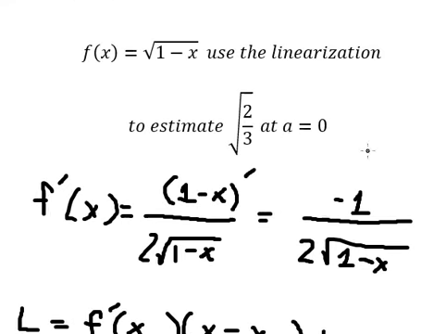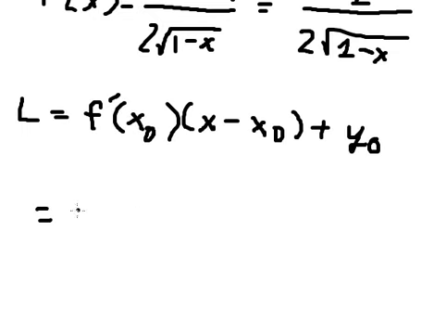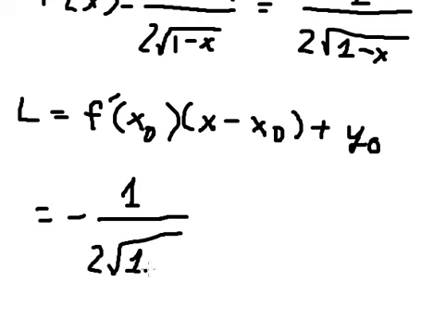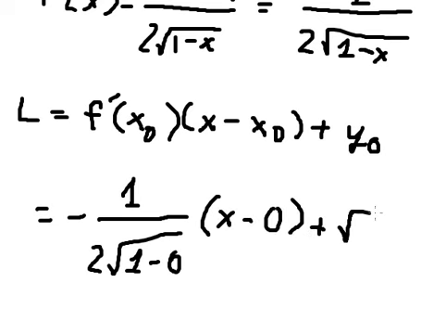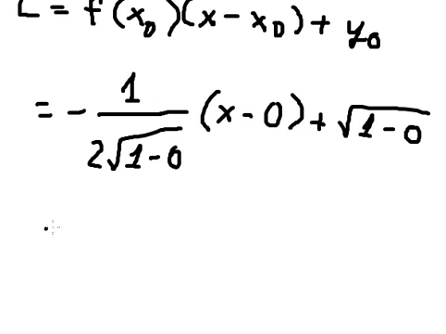That means we put a equal to 0 and we put s here. And now we have it like this. Now we need to simplify everything, and we have negative 1 over 2 s plus 1.